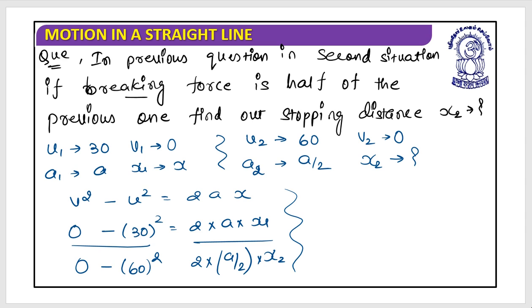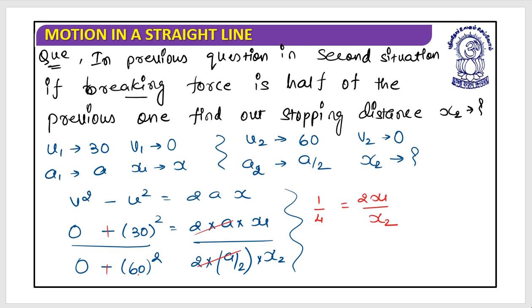So if I solve this, then the thing should look like minus minus plus. This is 30, so this is 900, this is 60, so it's 3600. So this is 1 by 4 equals, this 2a and this 2a would be gone, so this is x1 divided by x2 with a factor of 2.